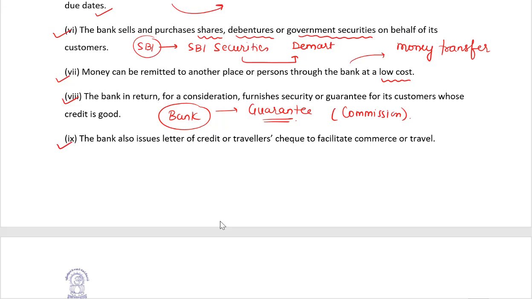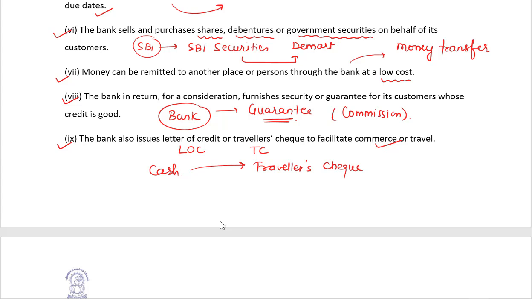Next point. The bank also issues letter of credit, LOC, and traveler's check to facilitate commerce or travel. Supposing you are traveling and you feel that you can't handle so much cash, in that case you can give hard cash to the bank. The banker will give you a traveler's check.